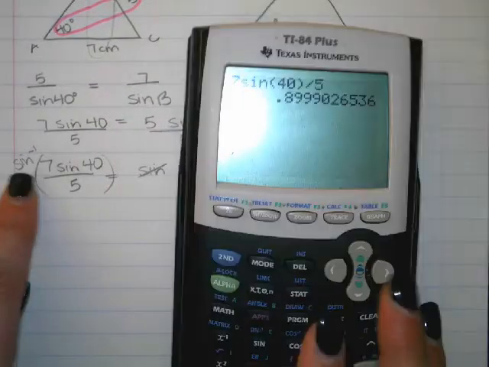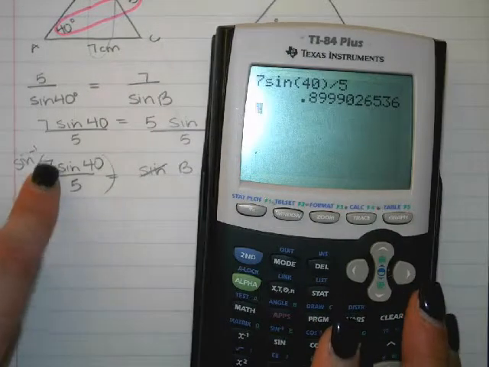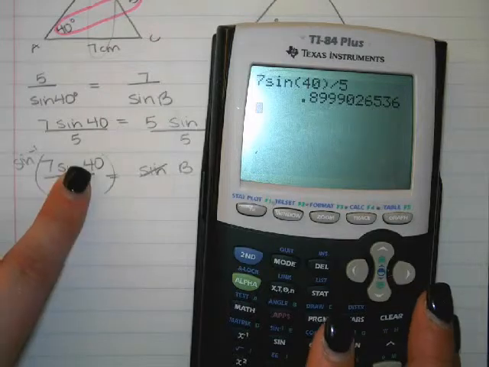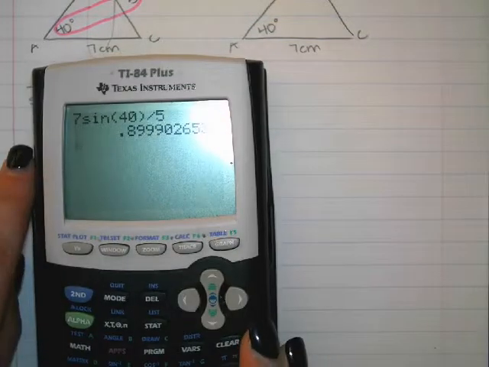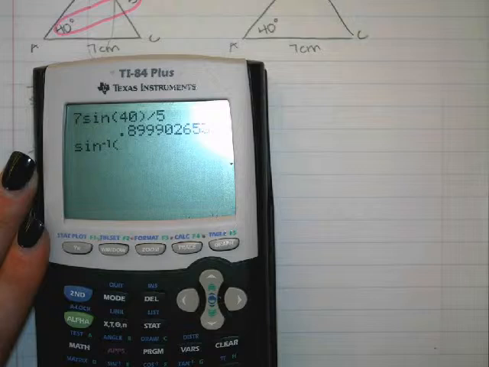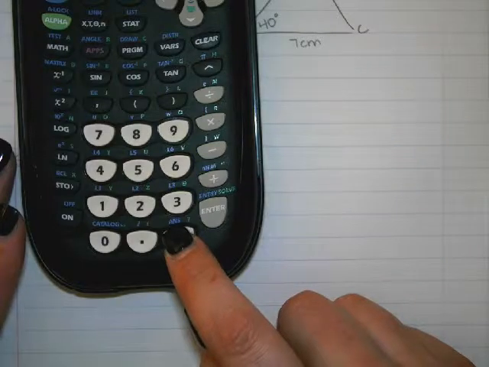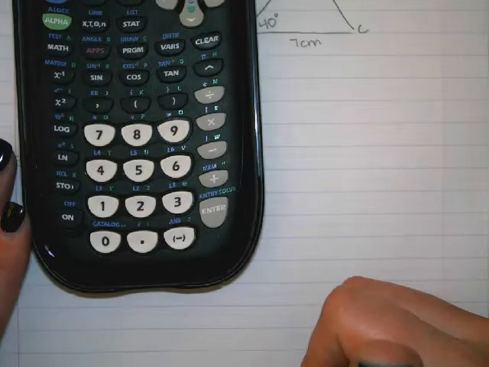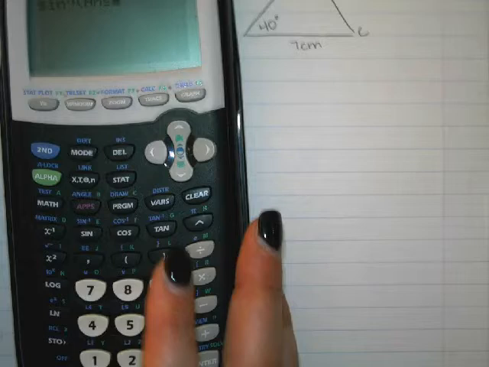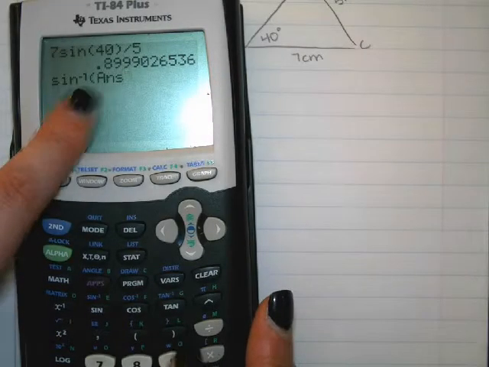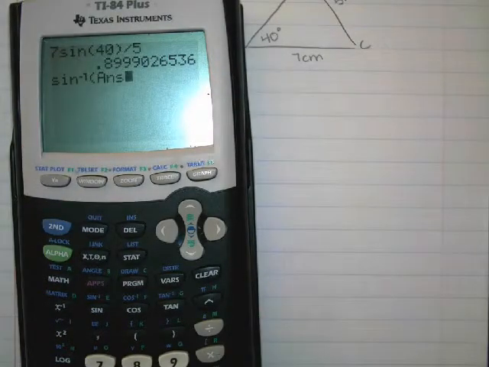Okay. Then I have to do sine inverse of whatever that decimal happened to be. Okay. So what I can do now is I can hit second sine. And then to pull that decimal down there, I can hit second, and then ANS means answer. So it will pull that decimal down perfectly, okay? So second sine, second answer.